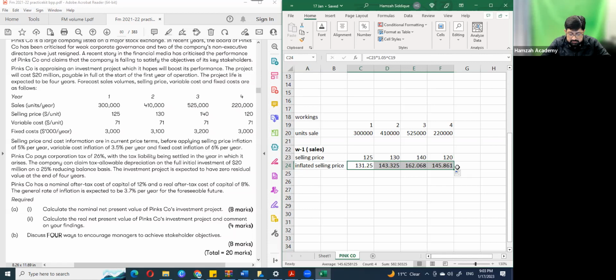Is it clear? Now, next. The next point is working two, variable cost.